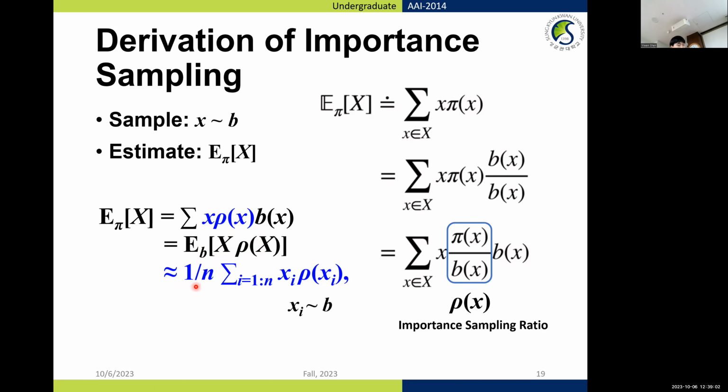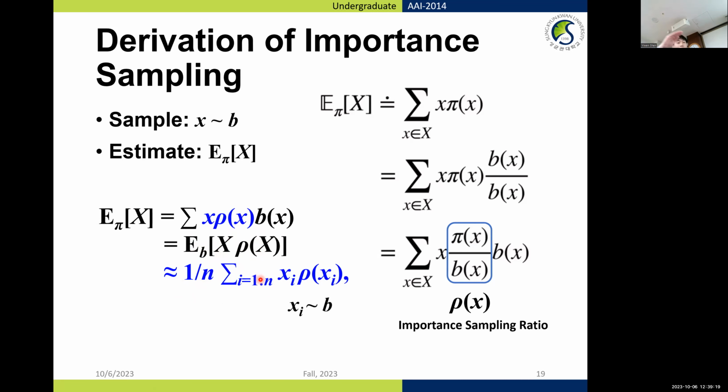Because the expectation of a random variable can be approximately calculated by taking the average, 1 divided by n, sum all these xi rho xi.